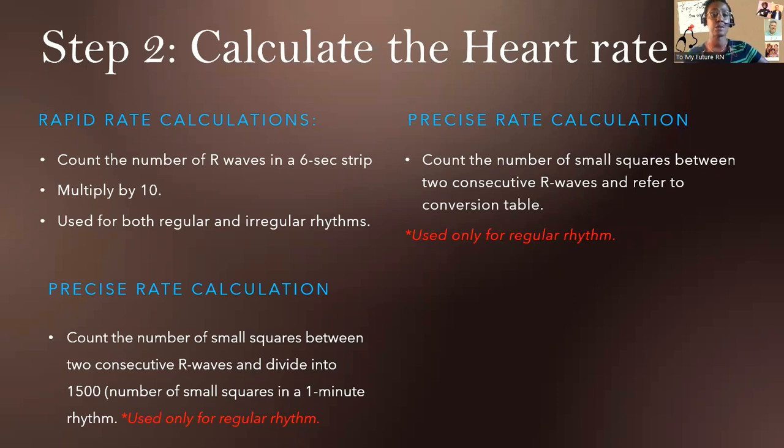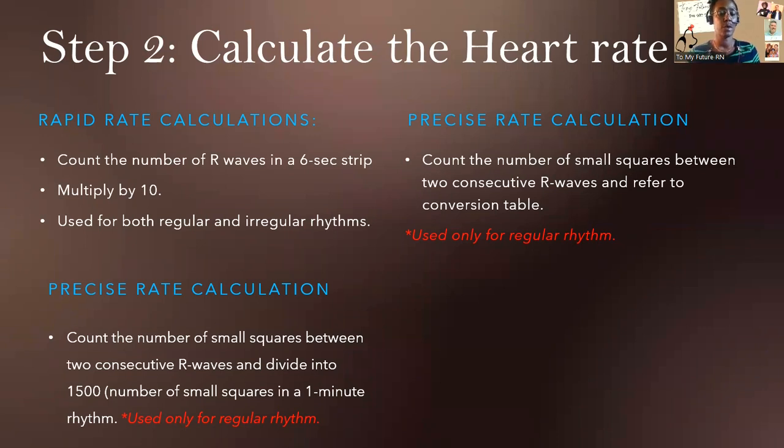Now, the precise calculation is to count the number of small squares in between 2 consecutive R waves. Put your glasses on, get your magnifying glasses. You count the small squares between 2 consecutive R waves. Then you take that number and divide it into 1,500, okay? But this can only be used for regular rhythms. So this is a little bit more precise.